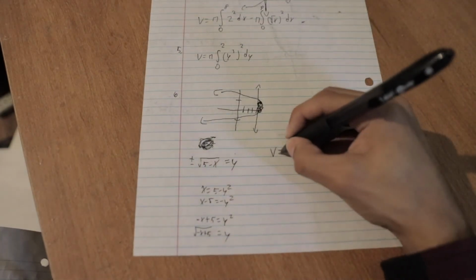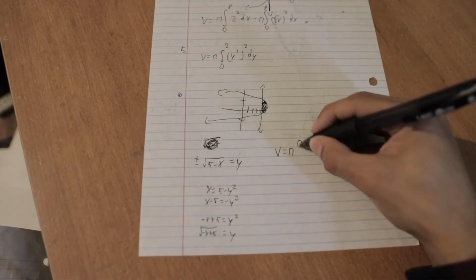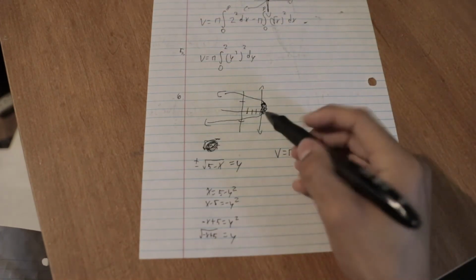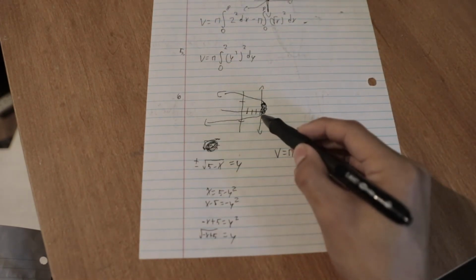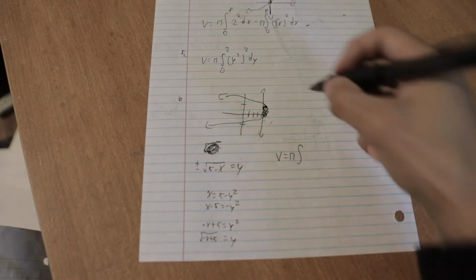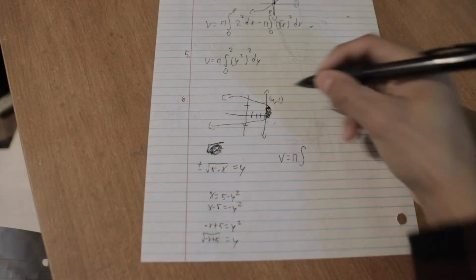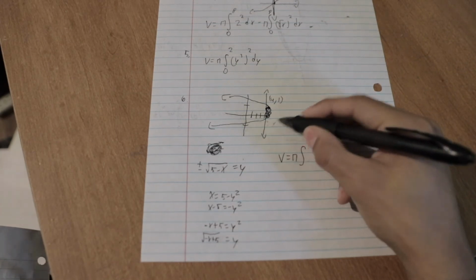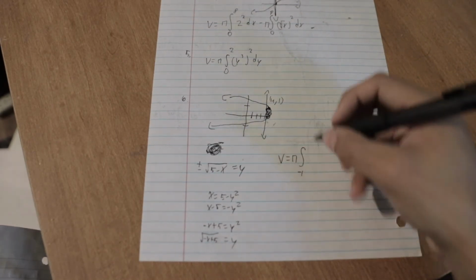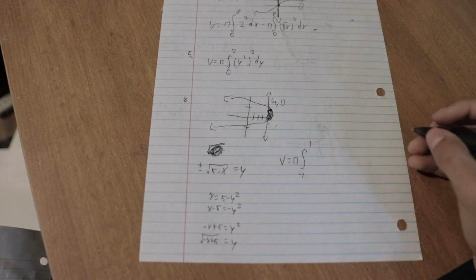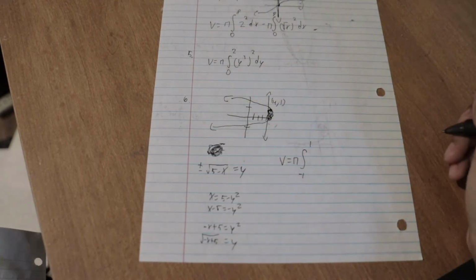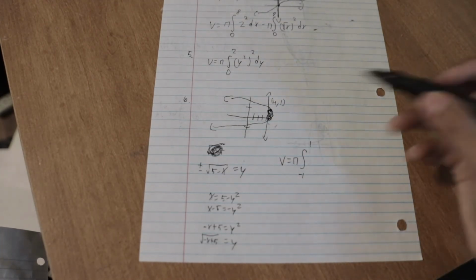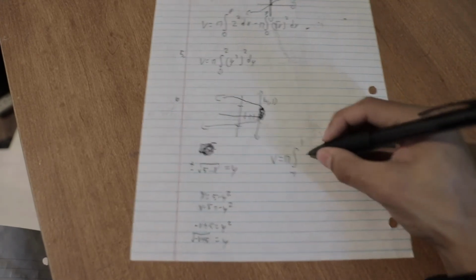So we have V equals pi, the integral. Where do they intersect here? They intersect at 4, -1 and 4, +1. So the y value from here, -1, and the y value from here, 1. What's the rightmost function? It's the 5 minus y squared.